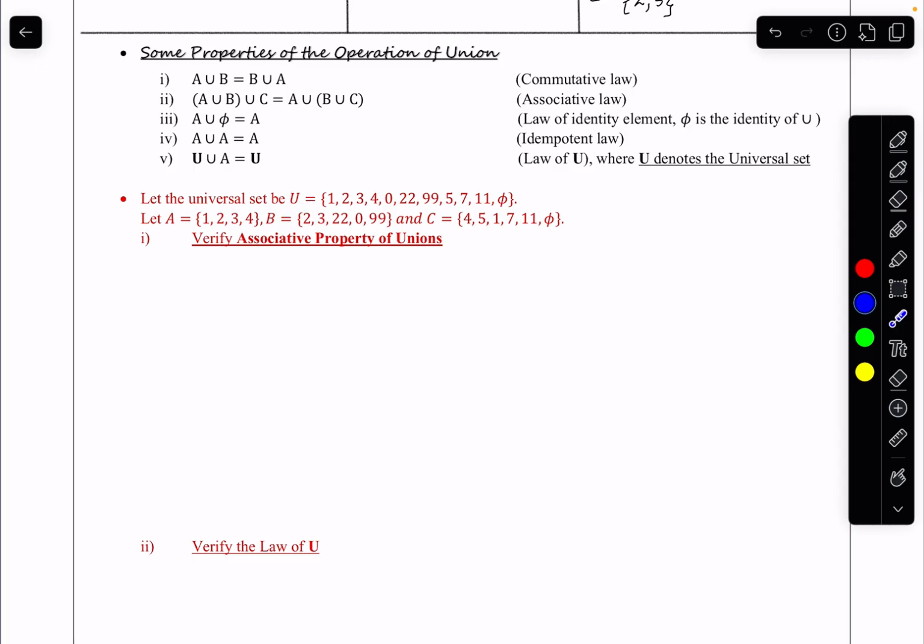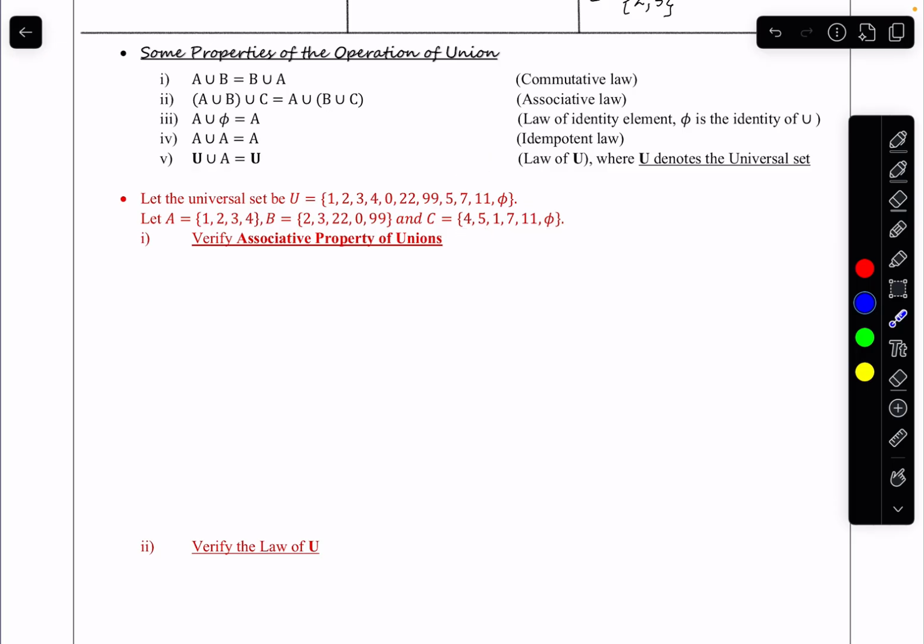Now what a universal set is, it is simply a set which is acting as a container for the sets that I'm taking. Everything that I've taken in A is coming from the set U. Everything that I've taken in B is coming from the set U. And then everything that I'm taking for C is coming from U again.